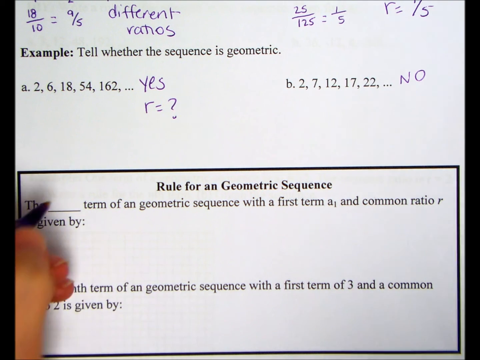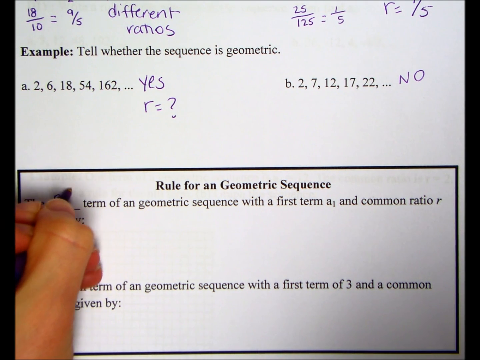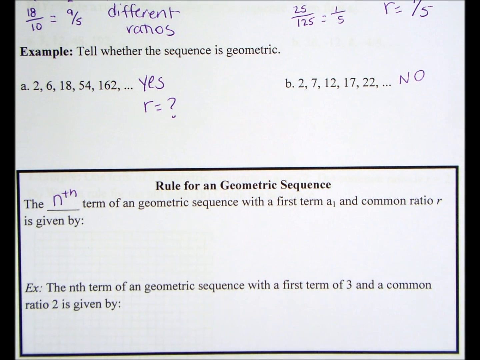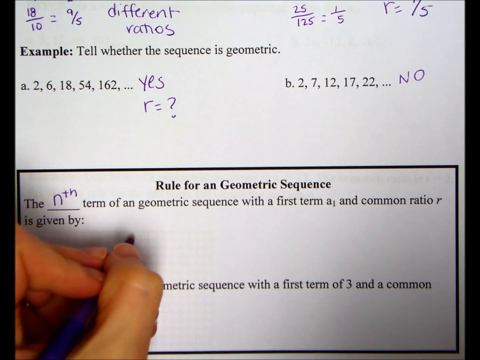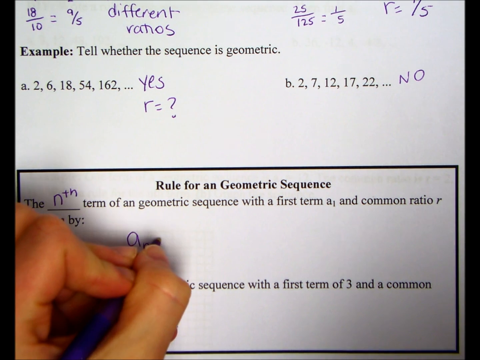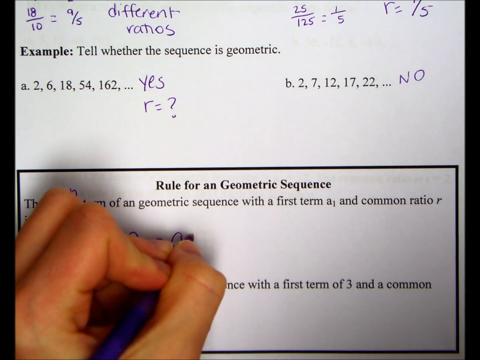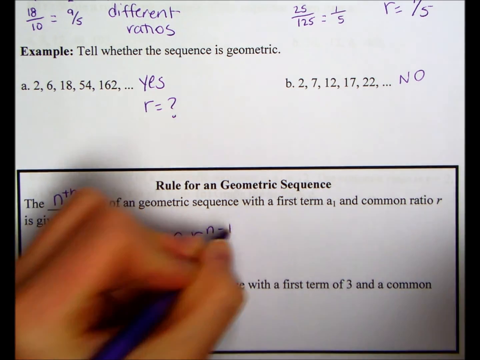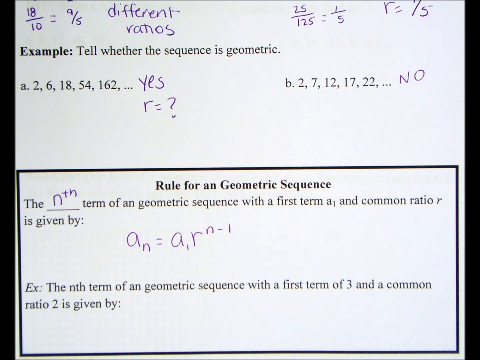So we have rules, just like we had rules for arithmetic sequences and series. The nth term of a geometric sequence with a first term of a1 and a common ratio r is given by, and this one looks a little nicer than the ones you saw the previous couple days, the nth term equals the first term times the common ratio raised to the nth term minus 1.